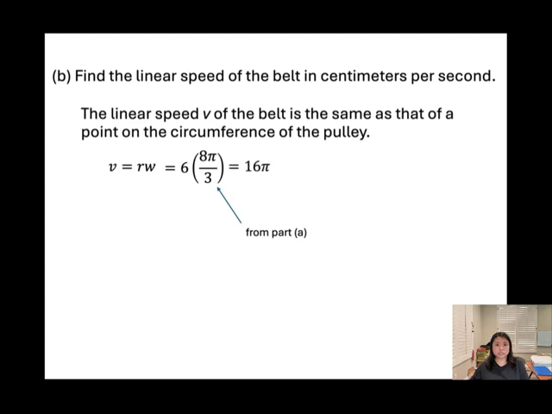You should get 160 pi. Use your calculator. That will be about 503 centimeters per second.